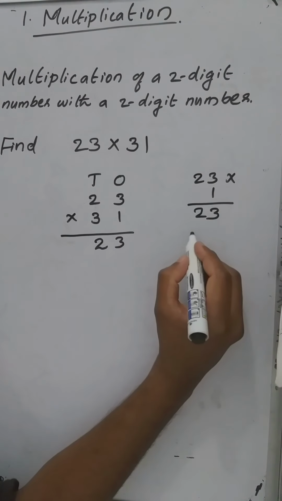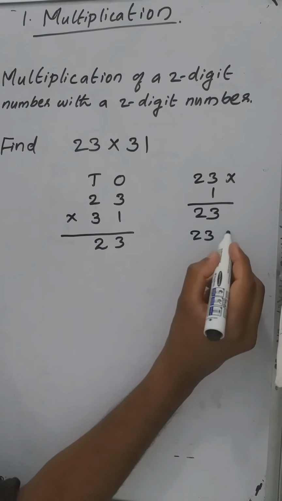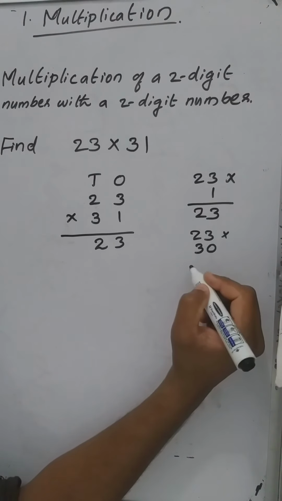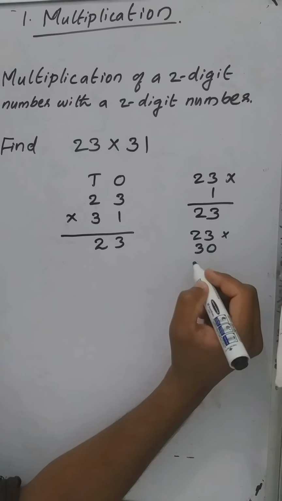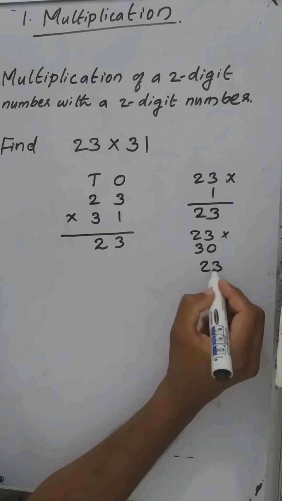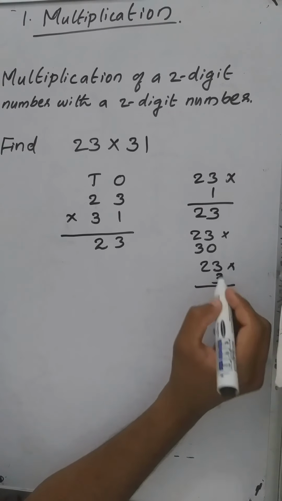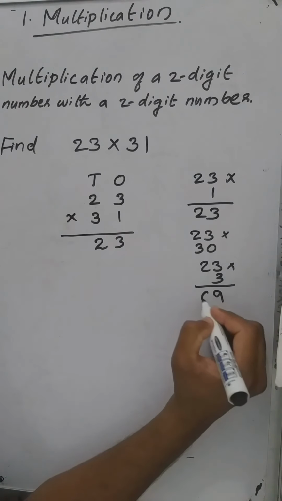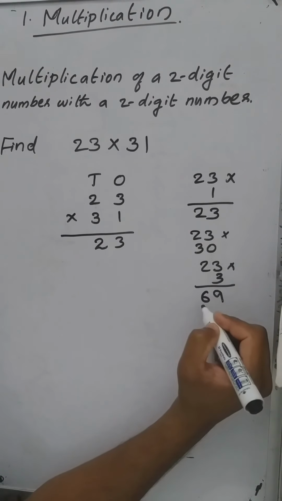So let's multiply 23 with 30. We know that for multiplying any number by 20, 30 or 40, first you have to multiply the numbers without 0. So we have to multiply 23 by 3. 3 3s are 9 and 2 3s are 6. 69 we got.